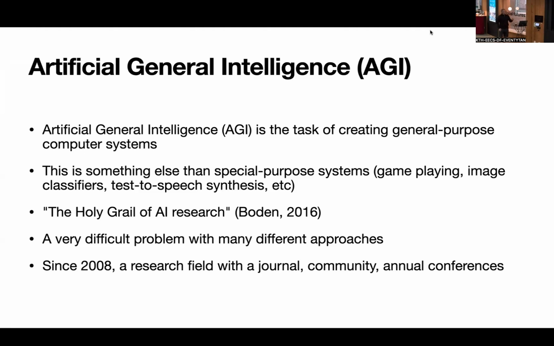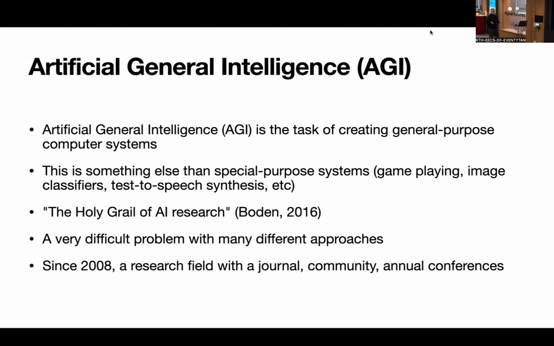Margaret Boden, who is a famous AI researcher, has labeled this the holy grail of AI research. And other people refer to this, for example, you, Henrik, in the audience, as potentially the greatest invention of all time. So it's obviously a very, very influential thing if it can be built.